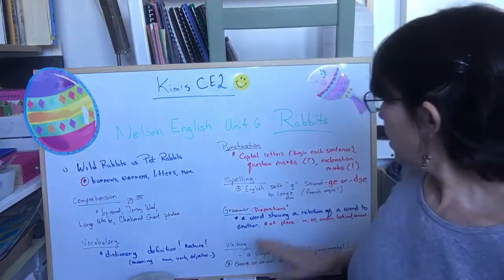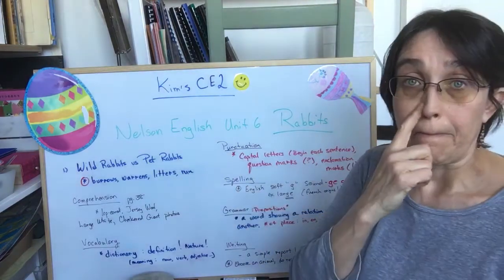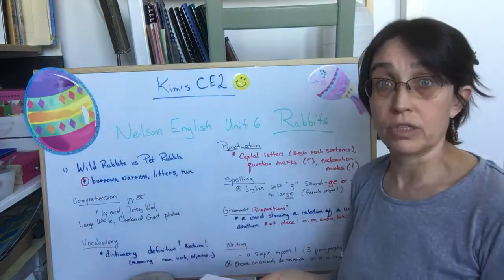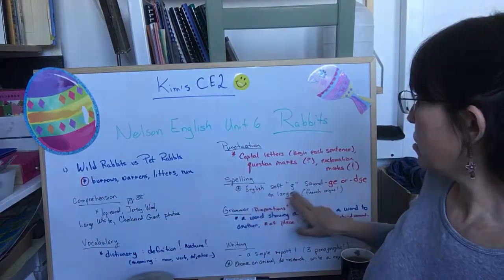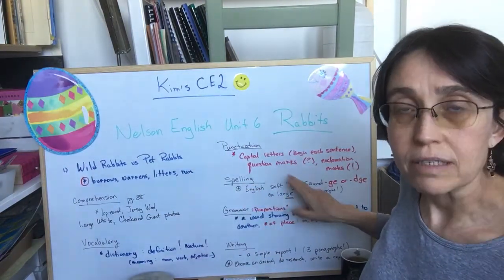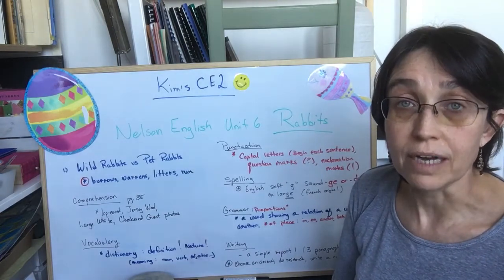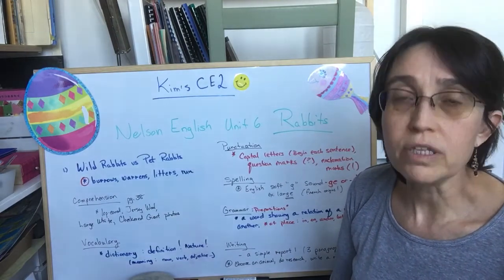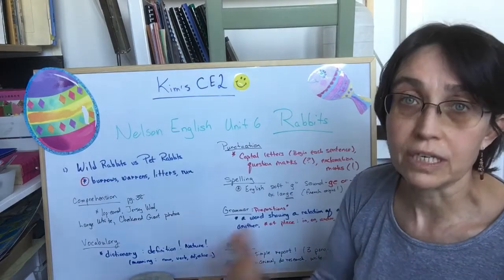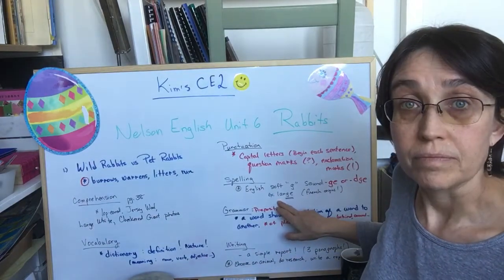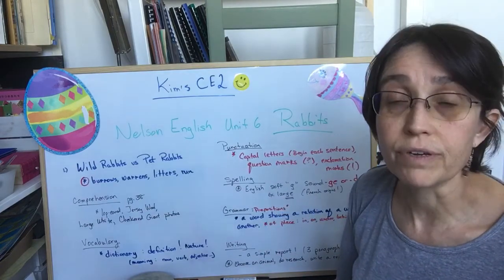After that, you go to spelling, and this is interesting. This shows you some of the influence of French on the English language, and it talks to you about the soft G sound in English. Words that have a soft G sound are generally words that come from the French language that English now uses, such as large, or giraffe.